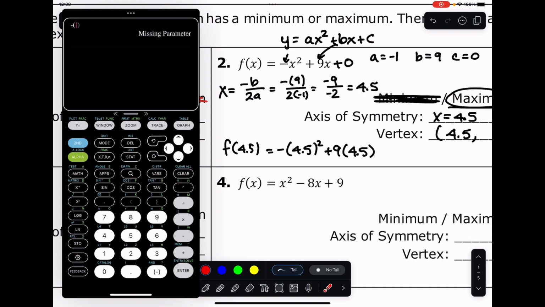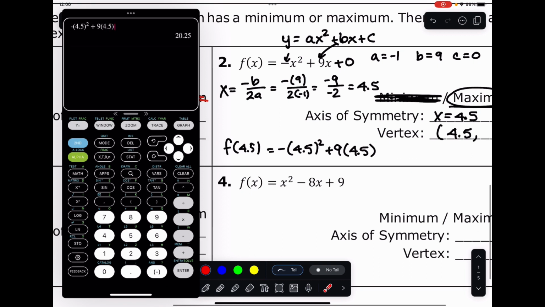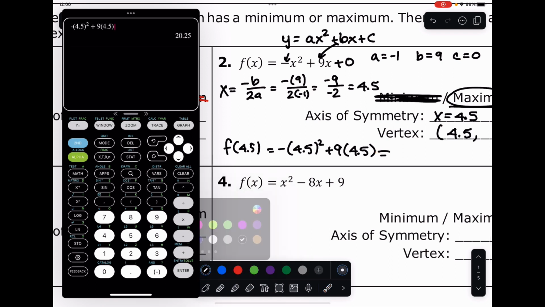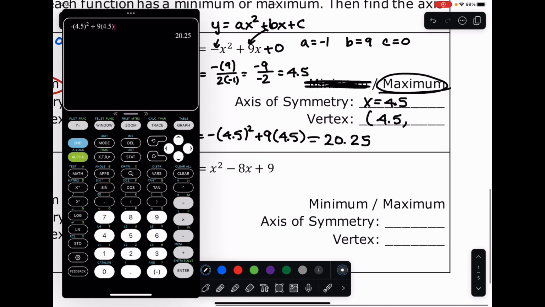Let me try that again. I meant to delete, not clear. Plus 9 times 4.5. And that equals a total of 20.25. So our vertex is at 20.25.